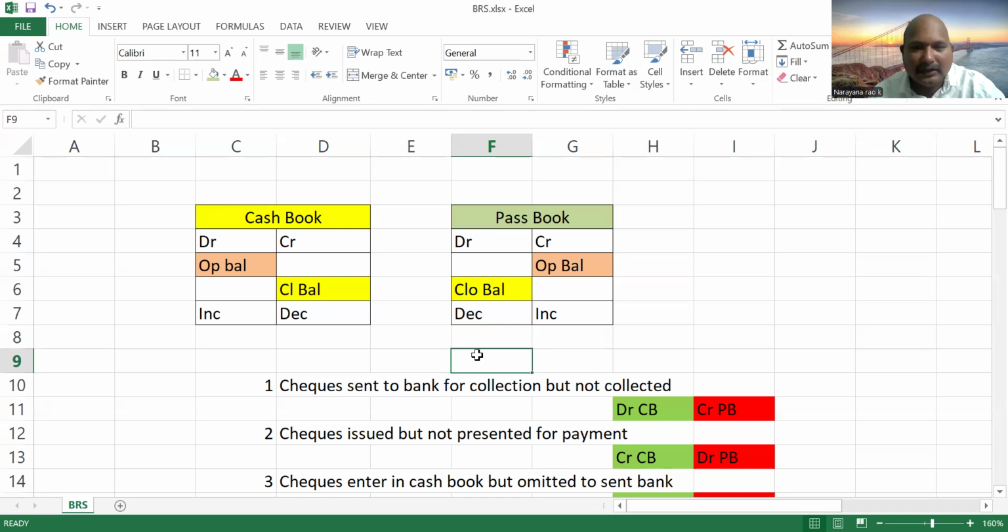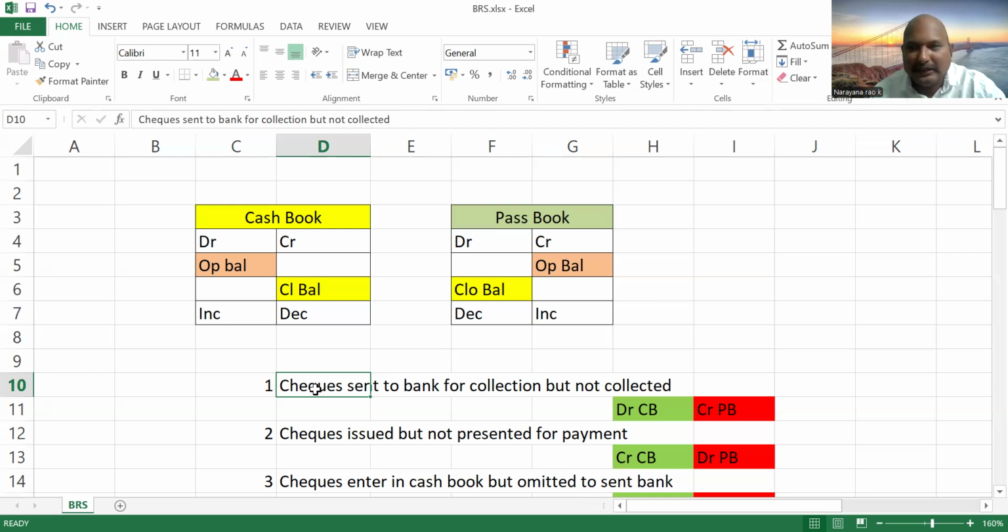Here, we discuss which transactions cause a difference between the cash book and passbook, and why. Some causes are time-period based, and some are clerical errors and the like. We discuss the first one: cheques sent to the bank for collection but not collected.